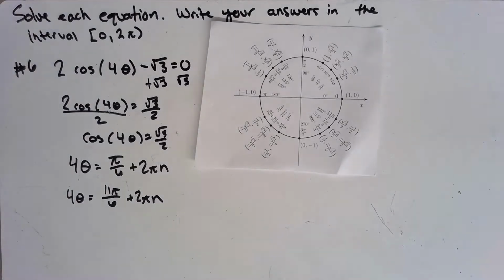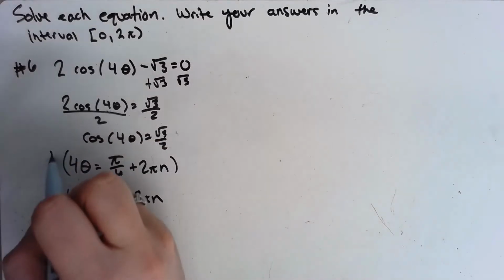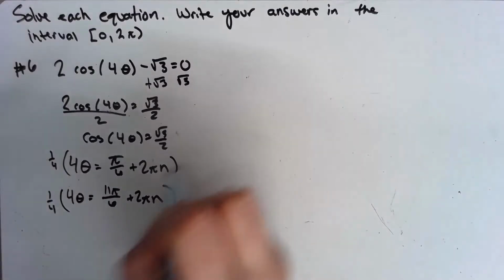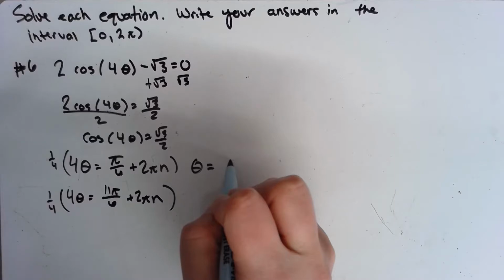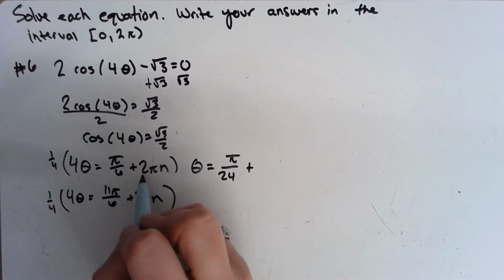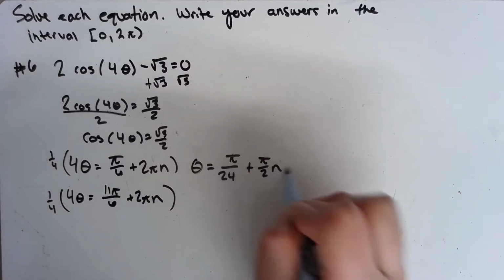So what we need to do is get theta by itself. So multiplying by a fourth, or dividing by 4, same thing. So I would get, let's see, theta equals pi 24ths plus, that would be 2 over 4, so that'd be pi halves n.